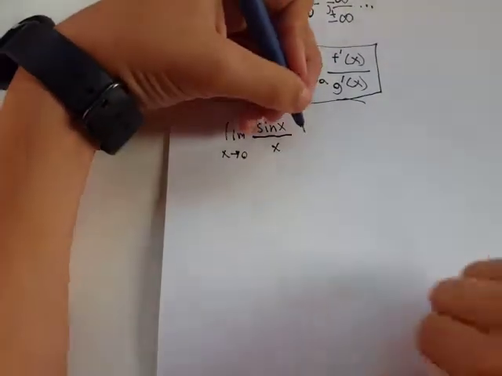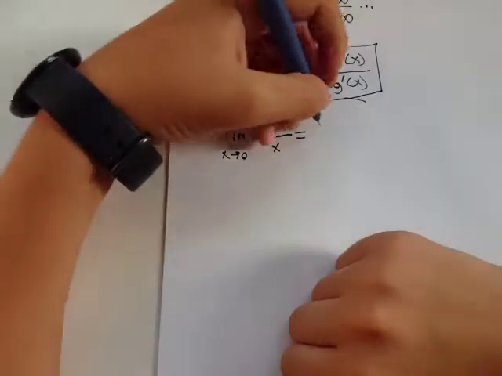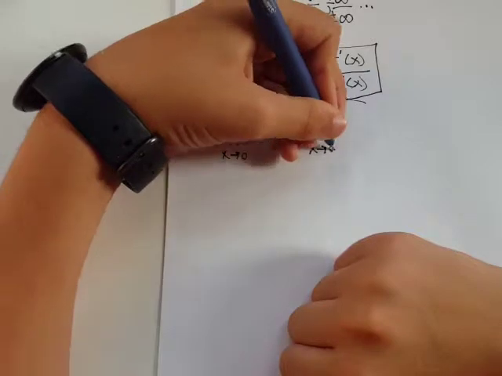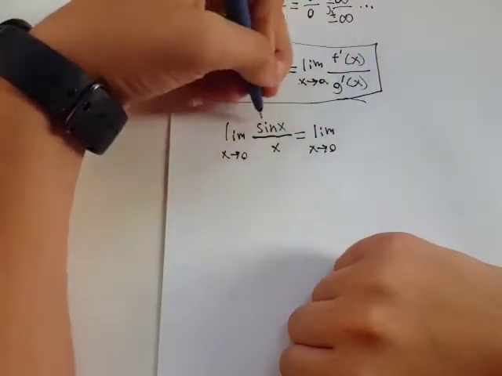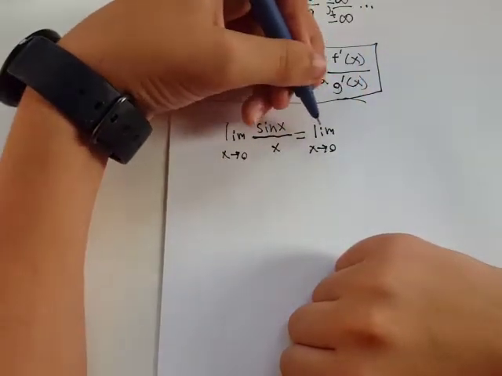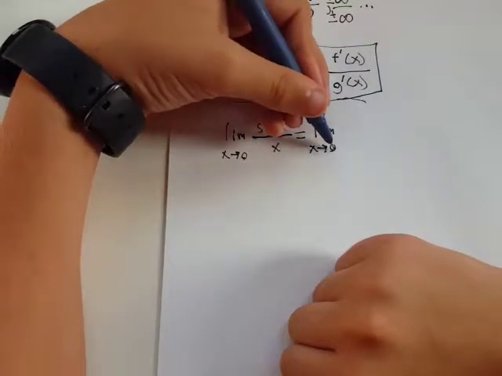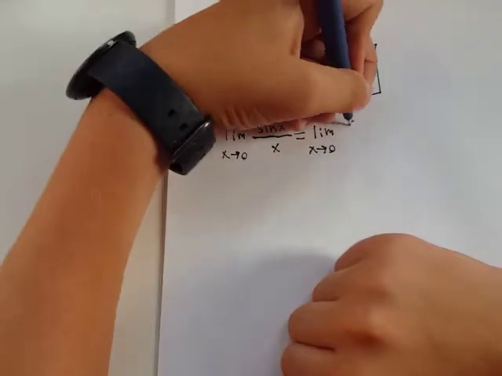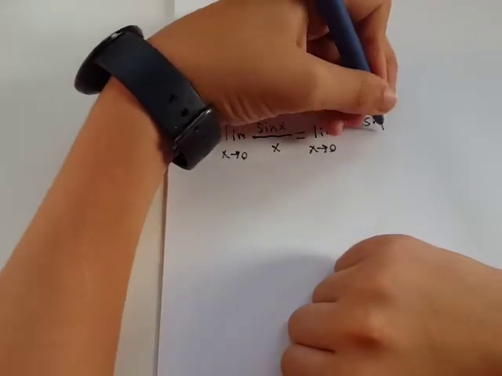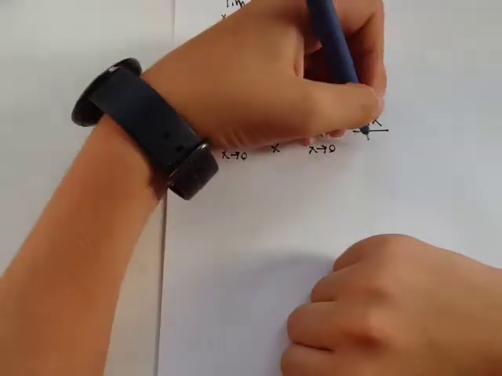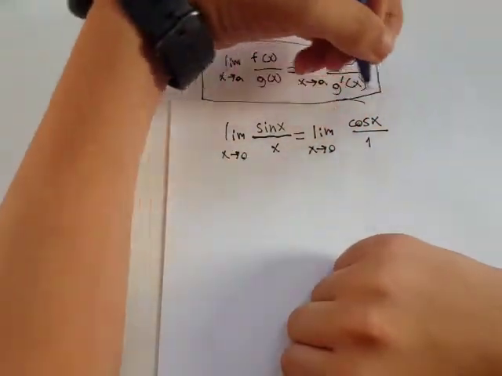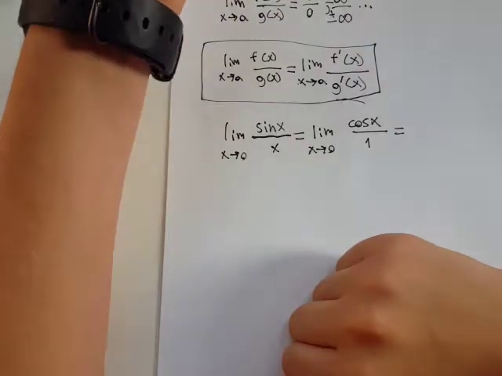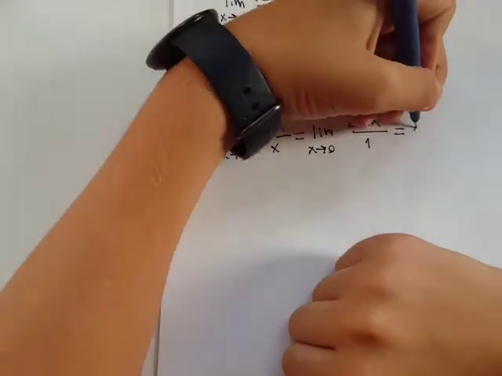So if we apply L'Hopital's rule, we find that the limit as x approaches 0 of sine of x over x is the same as the limit as x approaches 0 of the derivative of sine of x, which is cos of x, over the derivative of x, which is 1. So, cosine of 0 is 1, and 1 over 1 is 1.